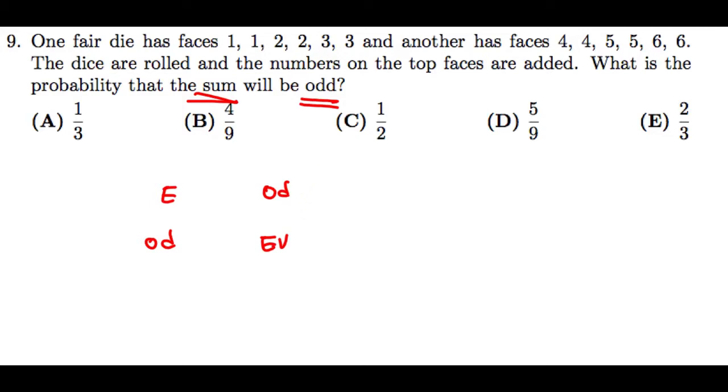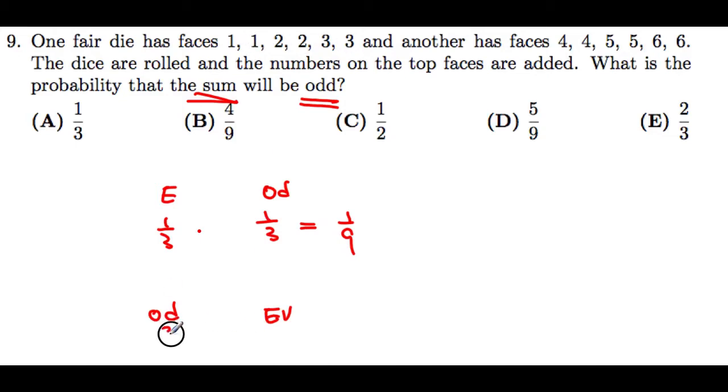Then in that case, what's going to be happening? From the first one, what is the probability of getting even? There will be simply 1/3. What's the probability of getting odd here? It will be only 5, which is also 1/3. Then we end up getting 1/9. How about the probability of getting even here?